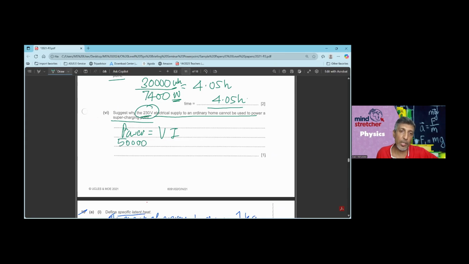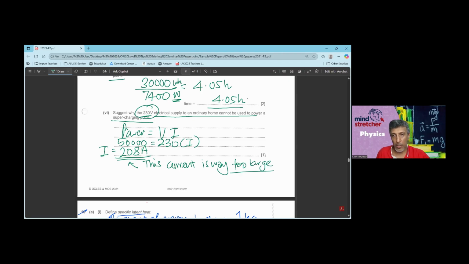It's 50,000 over 230, and you find that your I is 208 ampere. Look at this, this is a very high current. So you can say that this current is way too large for household electric supply.